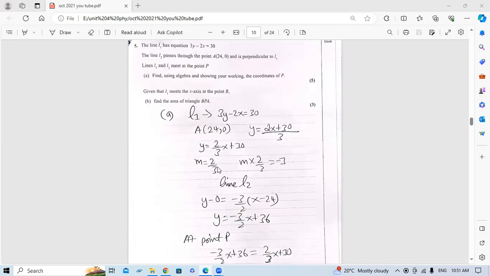Minus 1 divided by 2 by 3 comes to minus 3 by 2. And the equation for line L2 will be y minus 0 equals minus 3 by 2 into (x minus 24). Y equals minus 3 by 2 x plus 36.